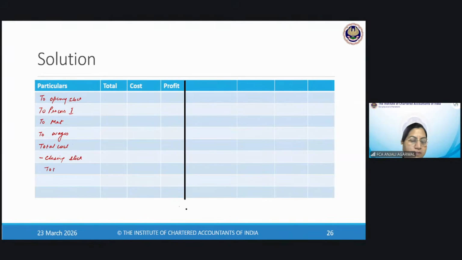Take the total once again. Add overheads cost. Take the total once again. Total cost of goods transferred. Add profit. And this will move to the next process.